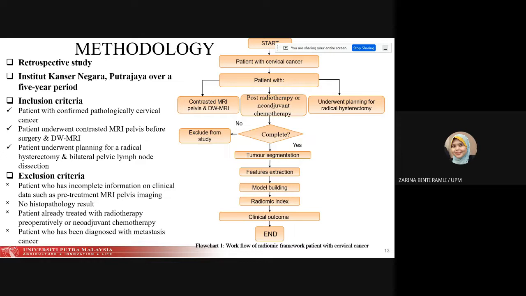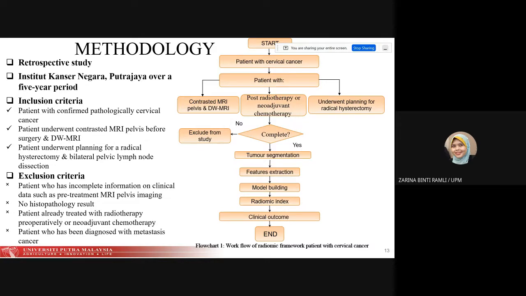I already went through the process to get permission from the head of the Institut Kanser Negara, and after that I need to present this proposal to the CRC of the IKN before getting the data, because they need to go through all my proposal to know how I will use this data and how much data I need based on my sample size.